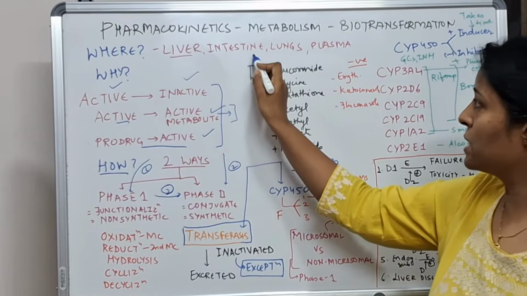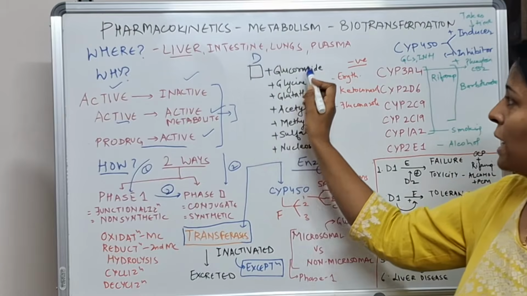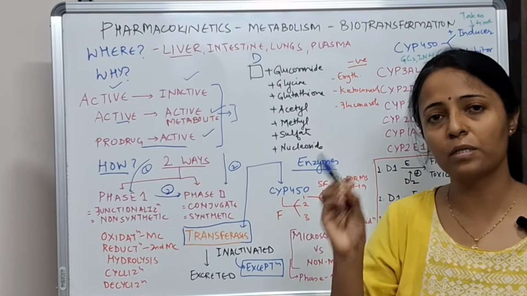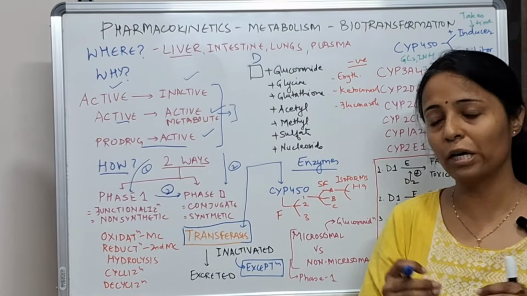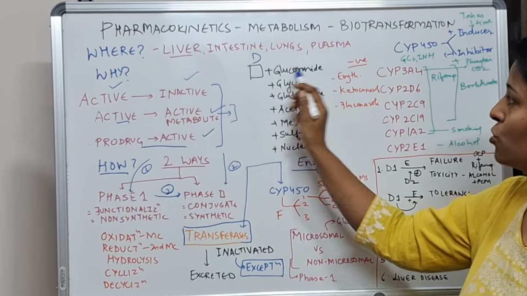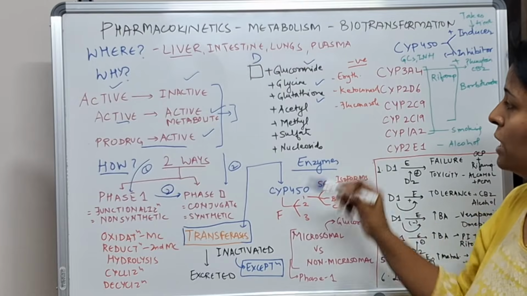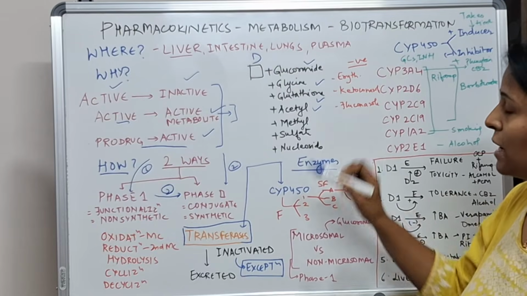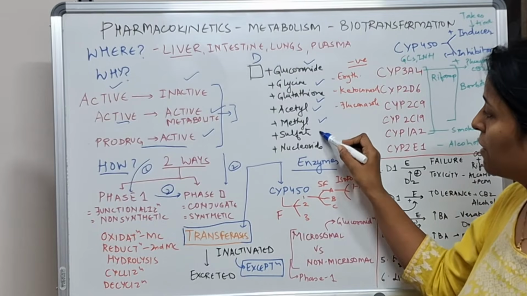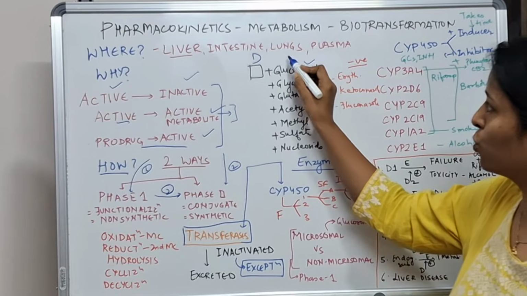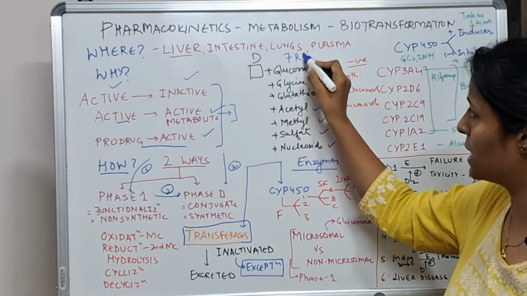For example, say suppose this is a drug and these are the various substances to which it is conjugated. The drug can be conjugated to glucuronide, glycine, glutathione. It can be conjugated to an acetyl group, methyl group, sulfate group or nucleoside group. So in total we have 7 reaction types in this.